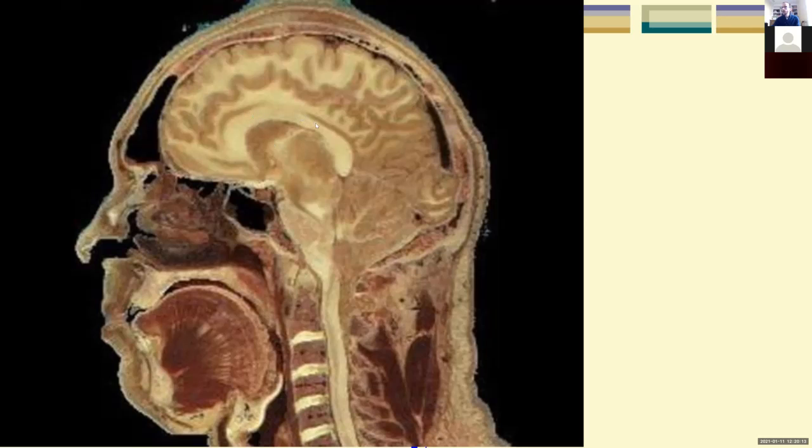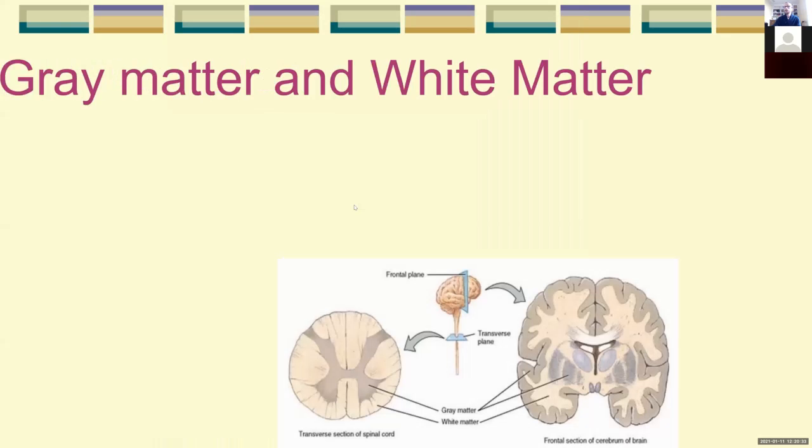Can't actually tell which half it is. You see all this white matter, white matter, white matter, and then the darker, grayer looking substance is the gray matter. So the white matter is where all of our myelinated neurons are, and the gray matter has unmyelinated neurons, dendrites, cell bodies, and a few other things too.